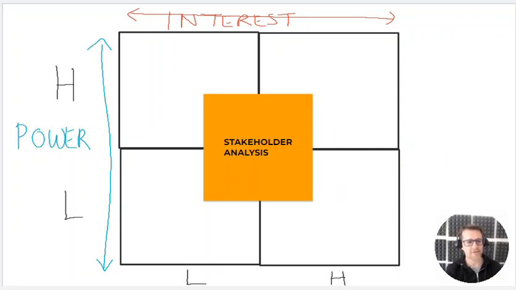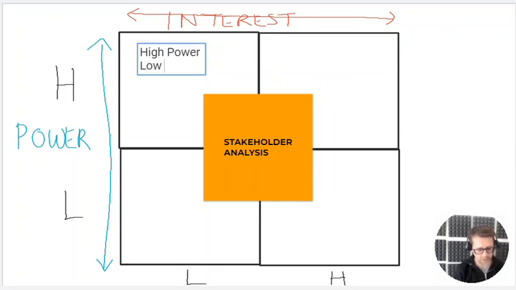So you could have different situations where you could have a stakeholder who has high power but low interest. So let's think of a very simple example. Let's say your children go to the school and you are one of the governors of the school.